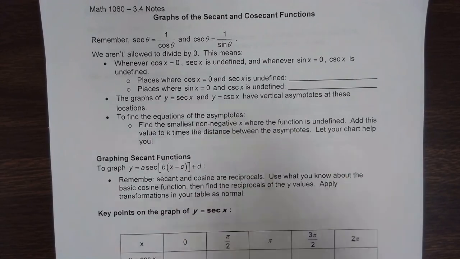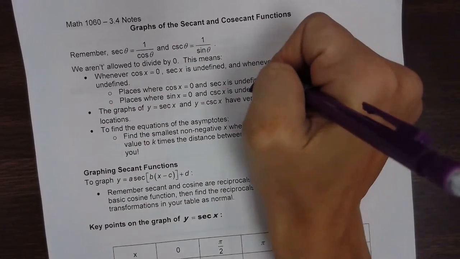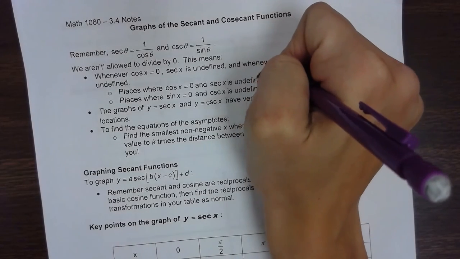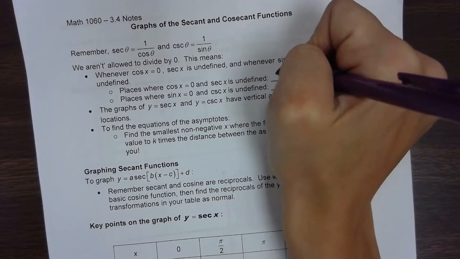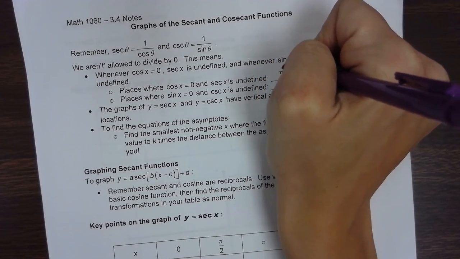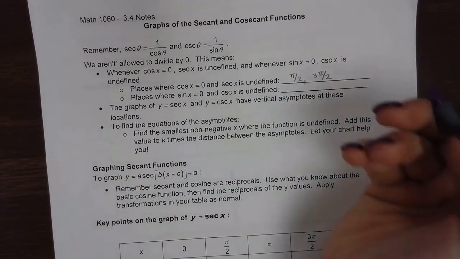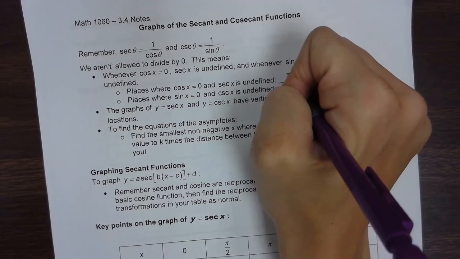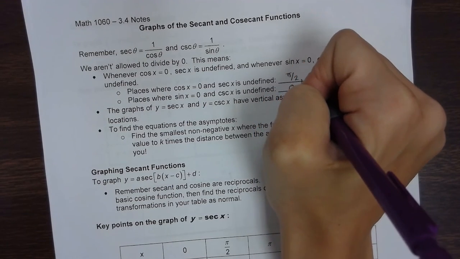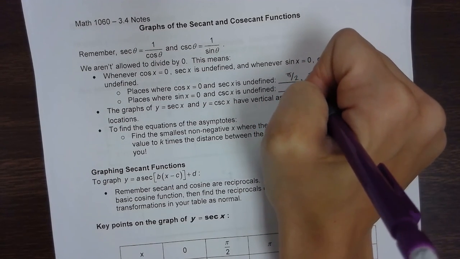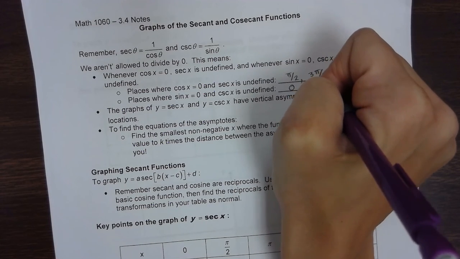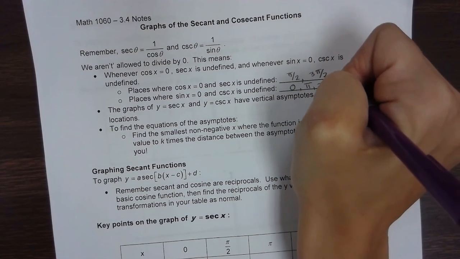So where is cosine 0? That would be at pi over 2 and 3 pi over 2. Where is sine 0? Well, at 0, pi, 2 pi, so on and so forth, right?